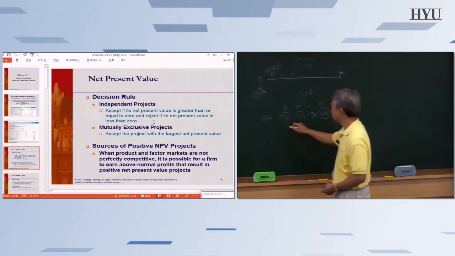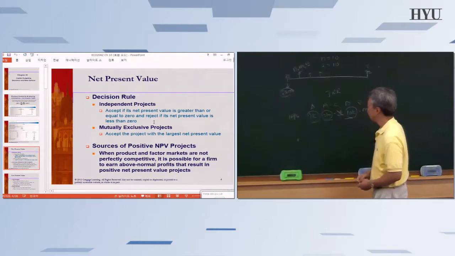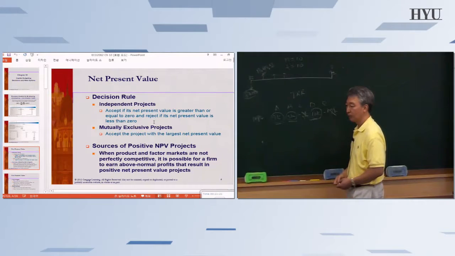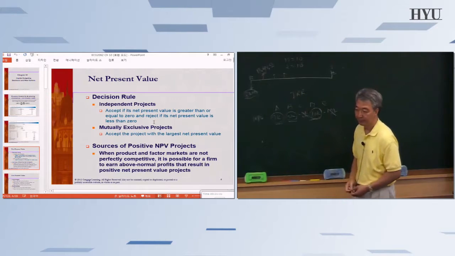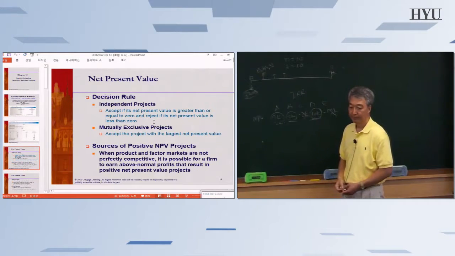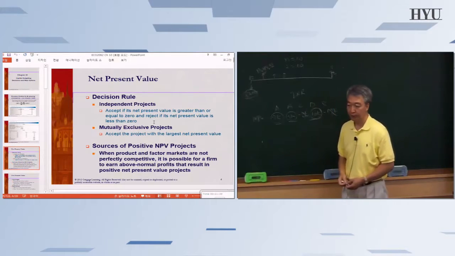But out of these three projects that return positive net present value, right? You have to start choosing with the largest net present value. Up to what? Should you choose just the largest one? That's it?